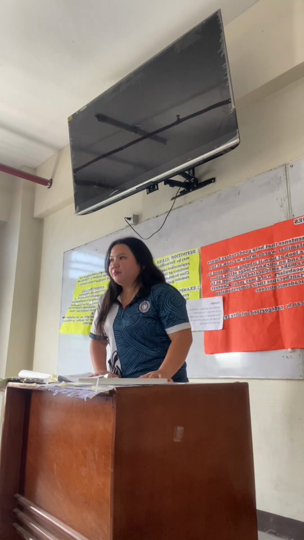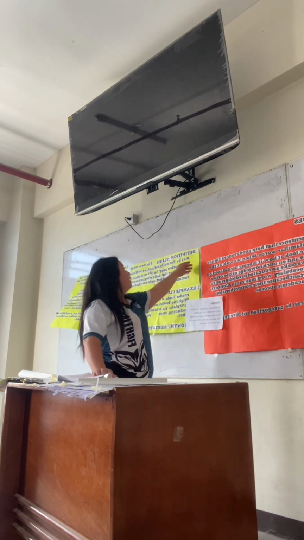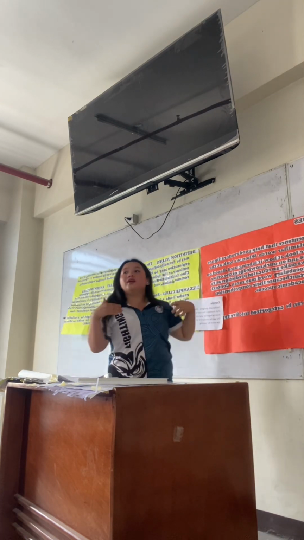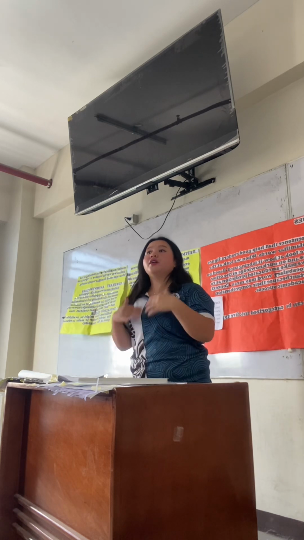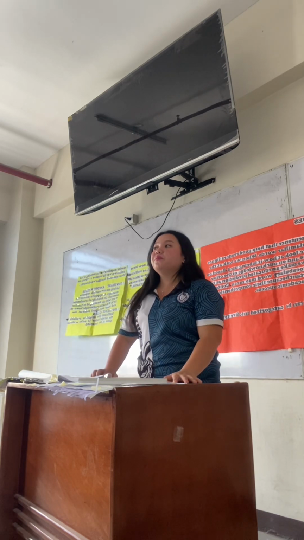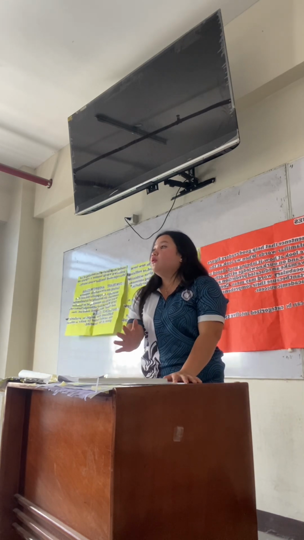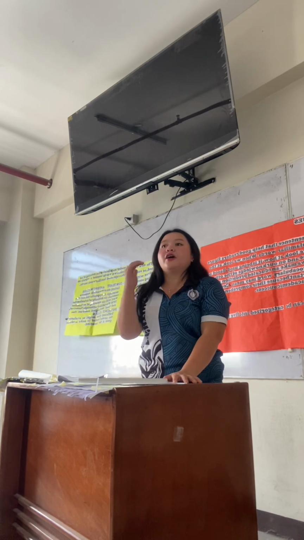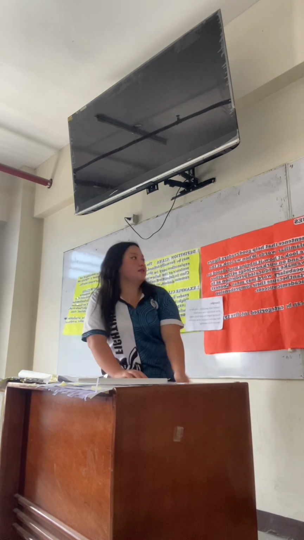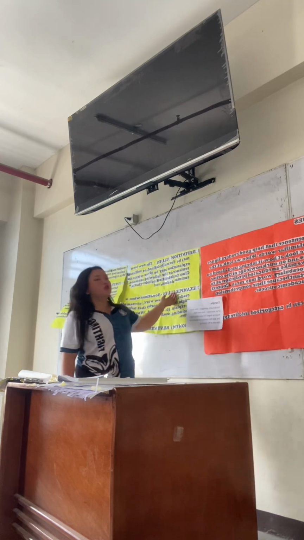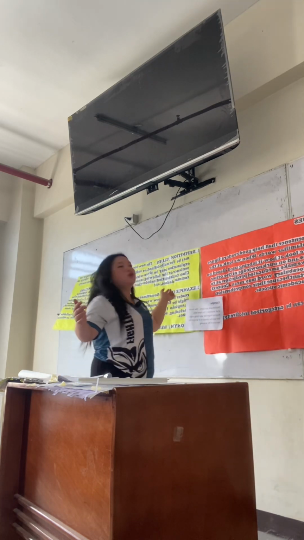Are we clear? Number 1, again, definition clues is where the meaning of an unfamiliar word is directly explained in the sentence. Number 2 is example clues. Again, what are example clues?